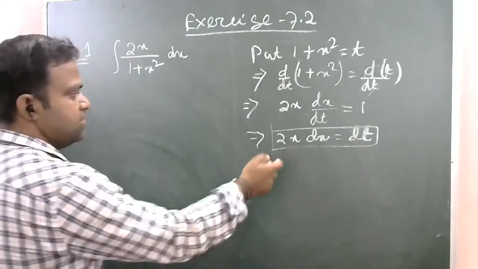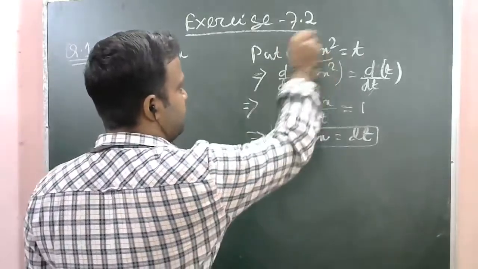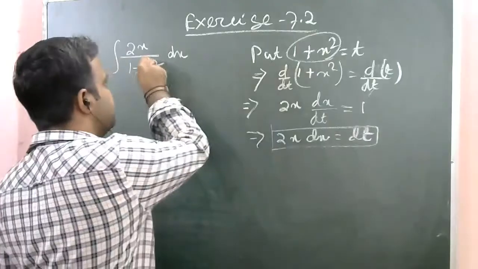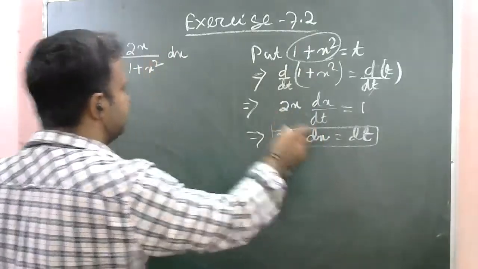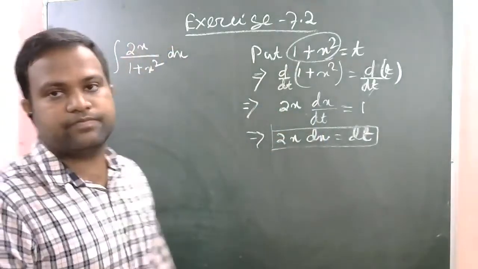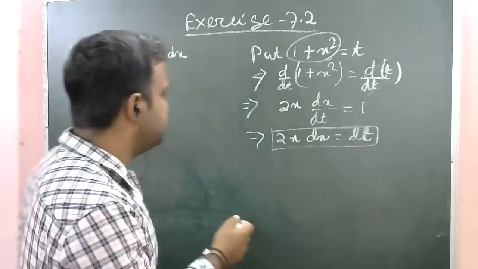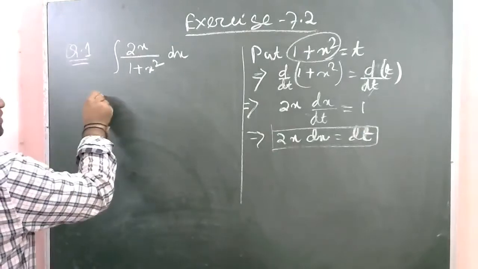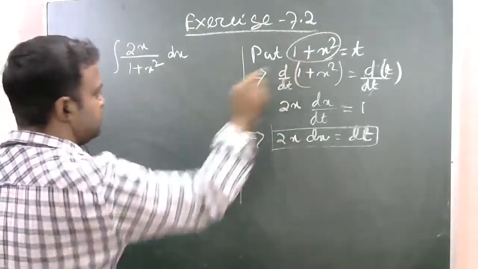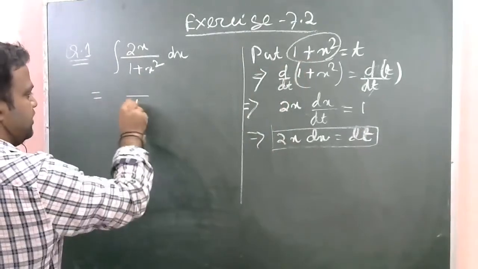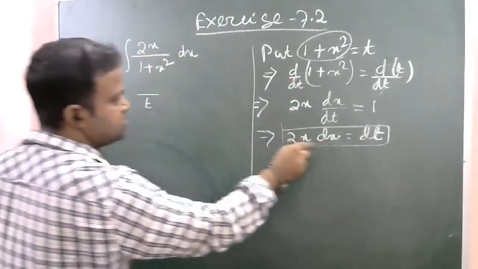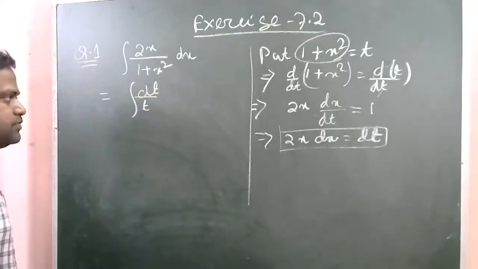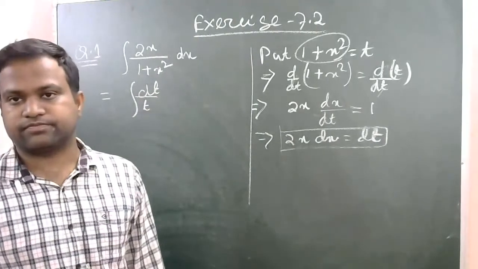Now you can see I have taken 1 plus x square, that is t, which is in the denominator. Now its derivative is in the numerator. So I can easily convert this one into a simpler form. So 1 plus x square is my t, and in the numerator 2x dx is equal to dt. I have already converted. So dt upon t.